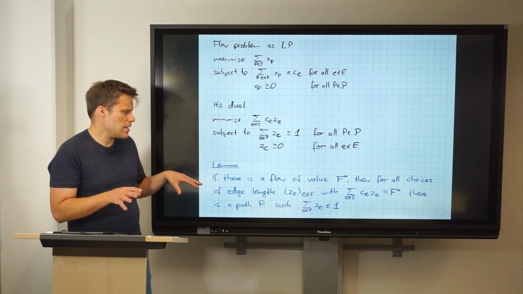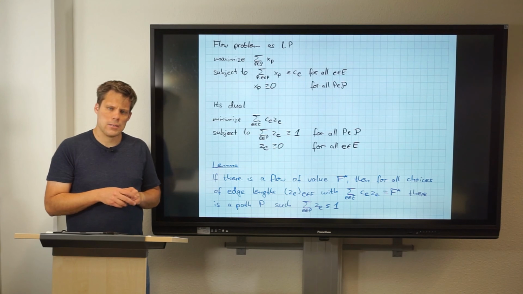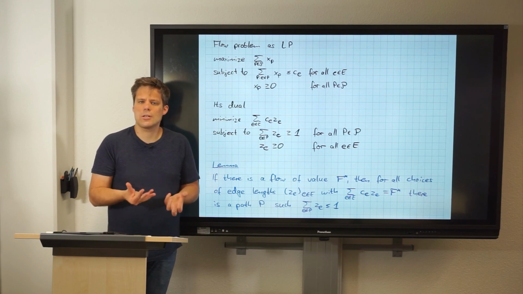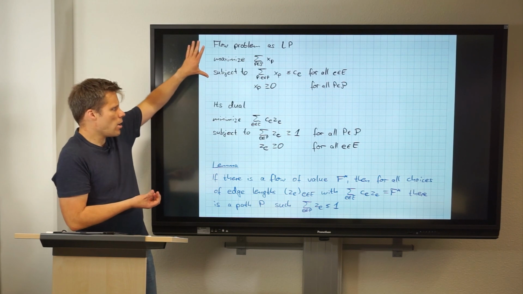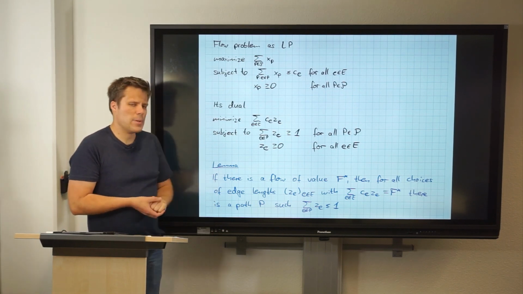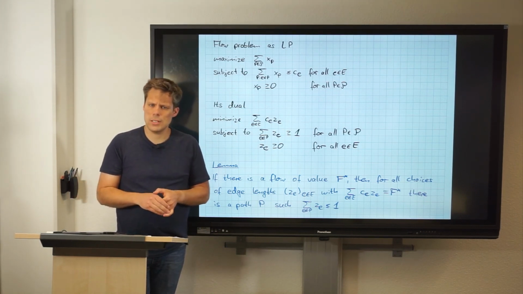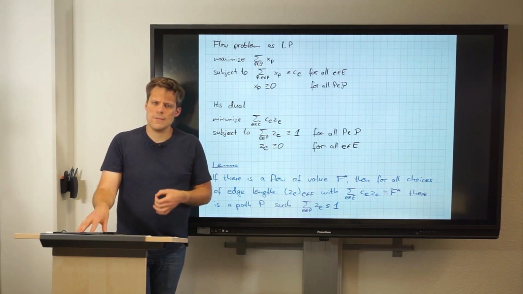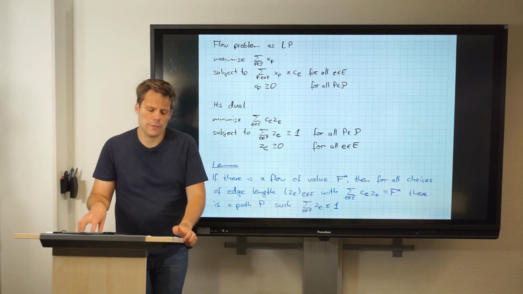So in some sense, this is an if and only if, and well, this is the elephant in the room here, is this is strong duality. By strong LP duality, because the optimal solution to this and to this are the same, this lemma here is effectively an if and only if. And interestingly enough, to some extent, our algorithm gives a constructive proof that this lemma is also an if and only if.